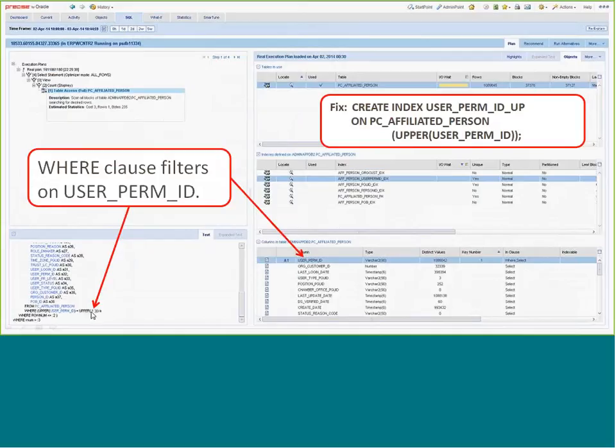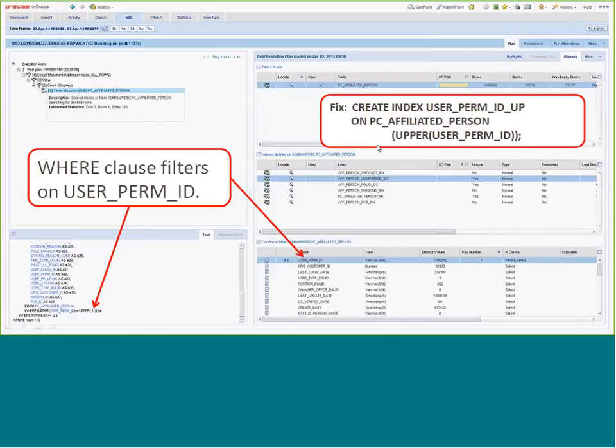So every time this executes, Oracle has to convert this column to uppercase. Rather than do that nearly 50,000 times, it's a lot more efficient to build that index in uppercase. It's called a function-based index.